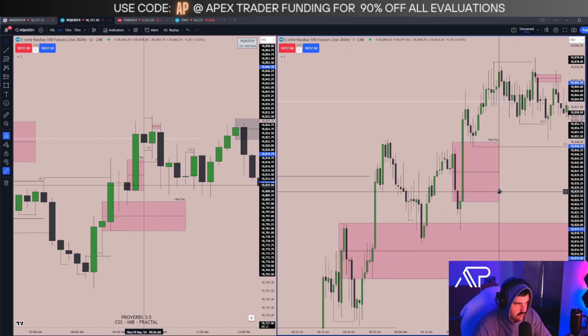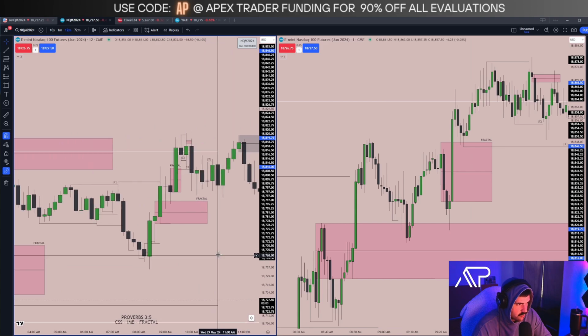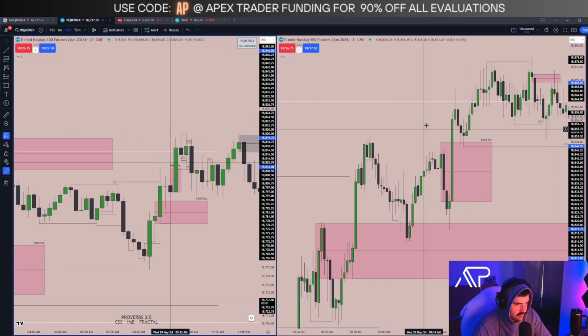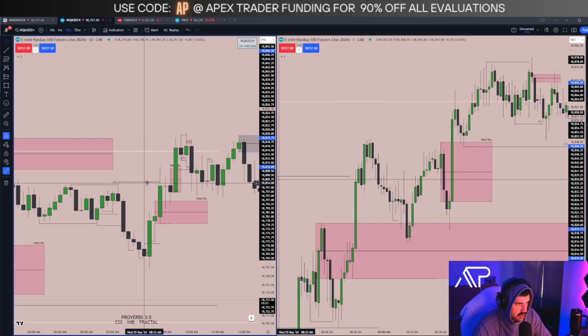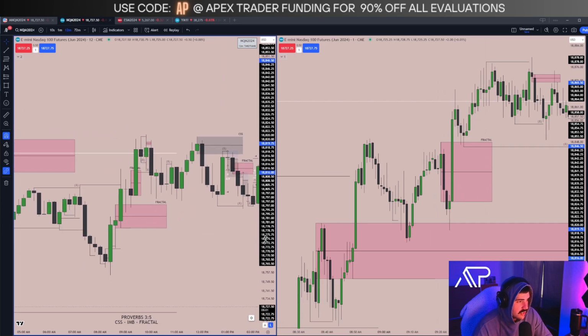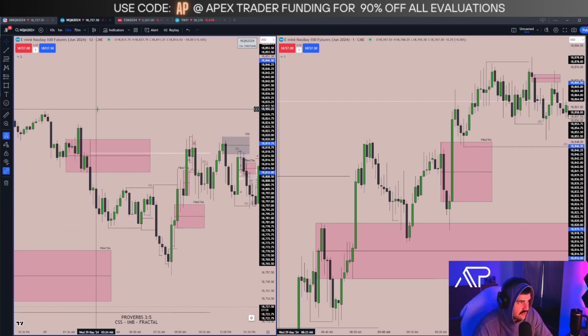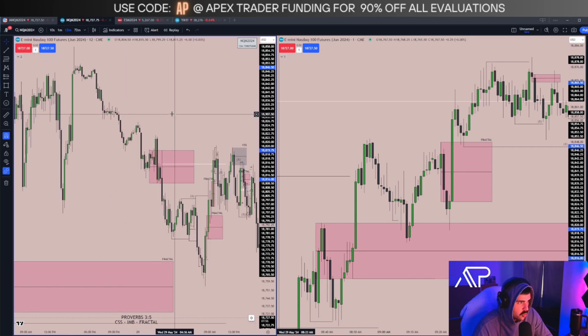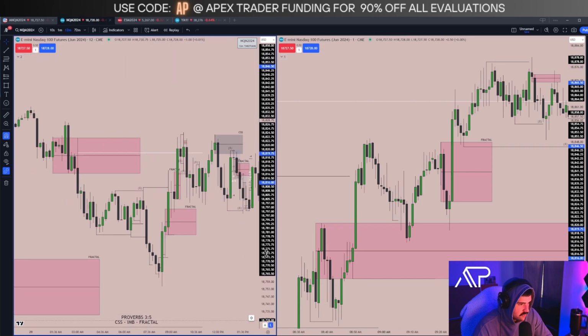But zooming back into this, what we see happen here is price finally gets a closure above this impulse right up here, close above this high. So automatically, we can start to possibly anticipate some higher time frame, more premium POIs to be met by price, right?